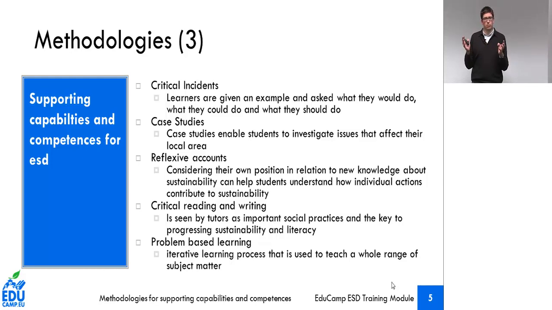So case studies point out realistic situations and show us how to react or what different situations we can tackle. Reflexive accounts, critical reading and writing, and also problem-based learning are further methodologies here.